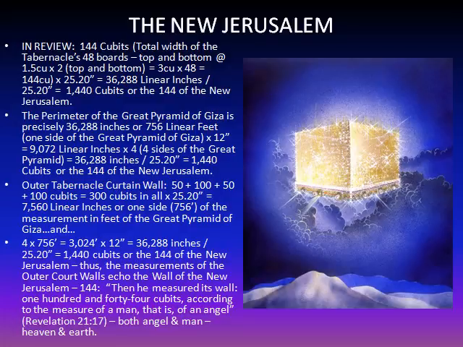Thus the measurements of the outer court walls echo the wall of the New Jerusalem, 144. Then he measured its wall, 144 cubits, according to the measure of a man, that is, of an angel. Both angel and man, heaven and earth, combine together to form the New Jerusalem.